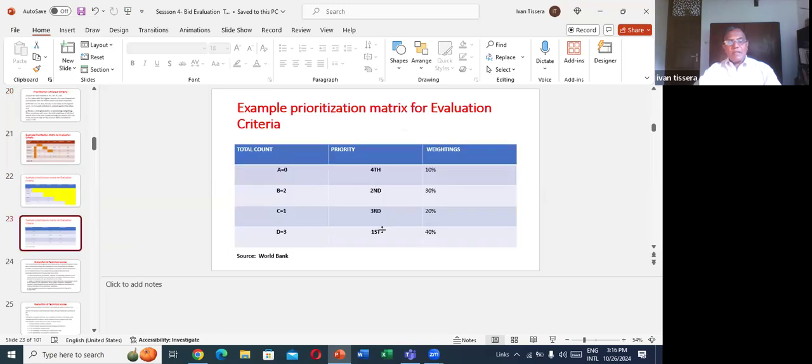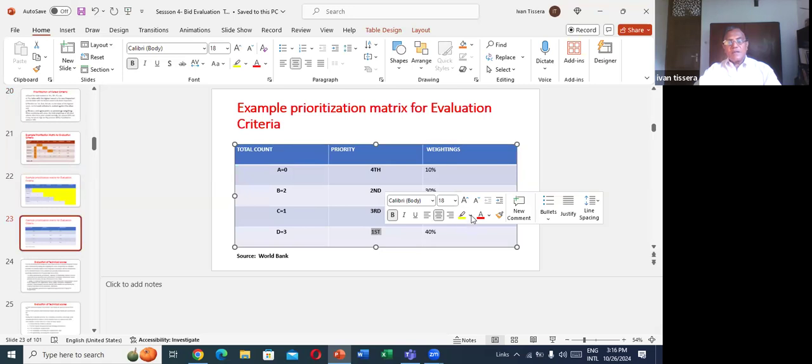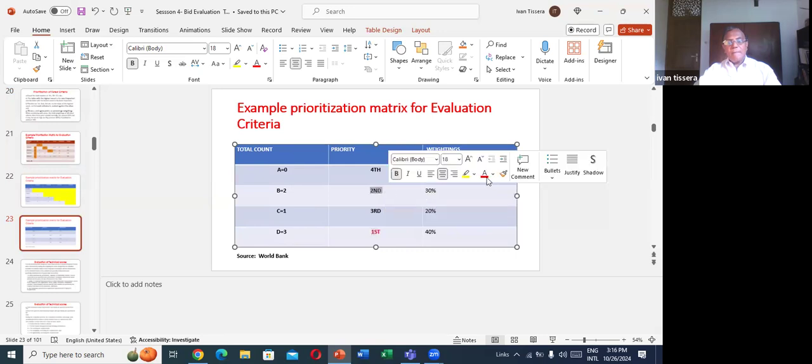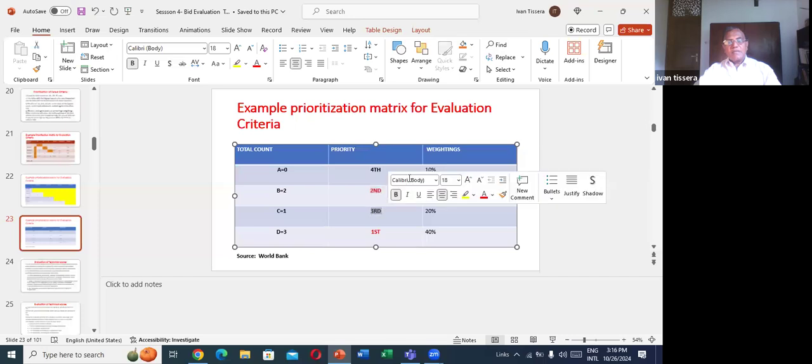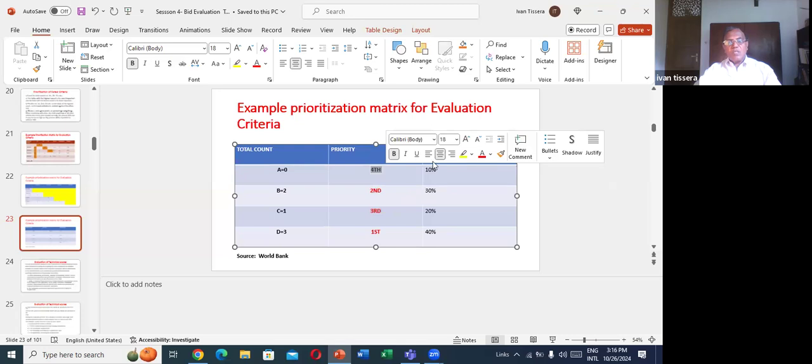D is higher. He is the first. Then B second. C only 1, third. A has 0, fourth. That means the most important criteria is what? Criteria D. Second, criteria B. Third, criteria C.